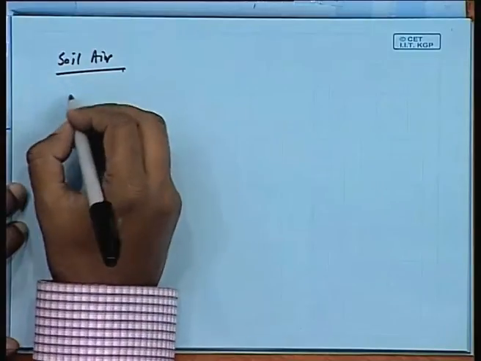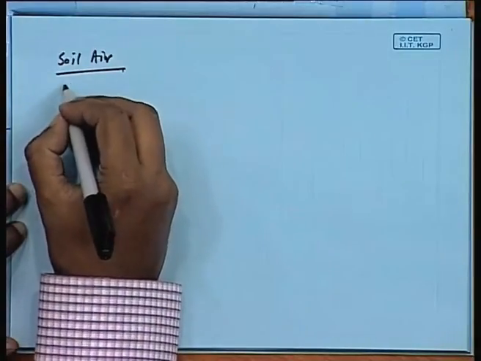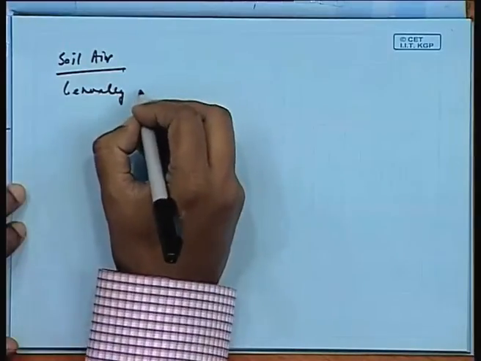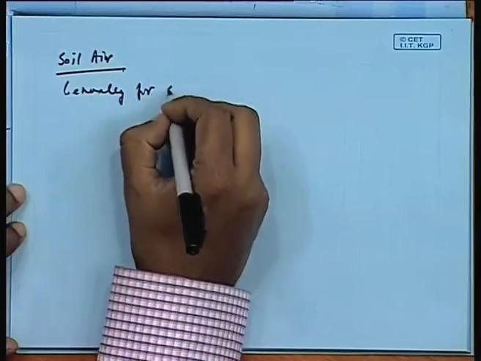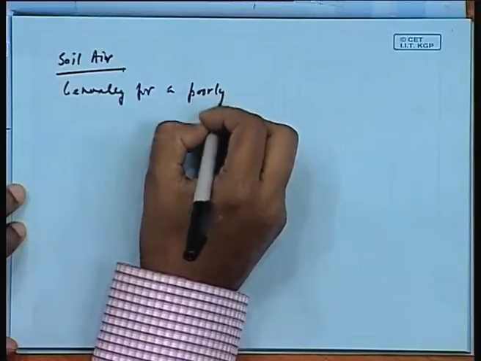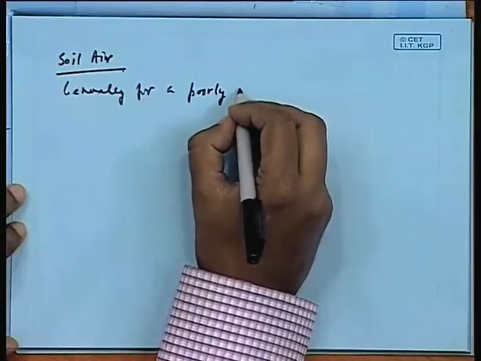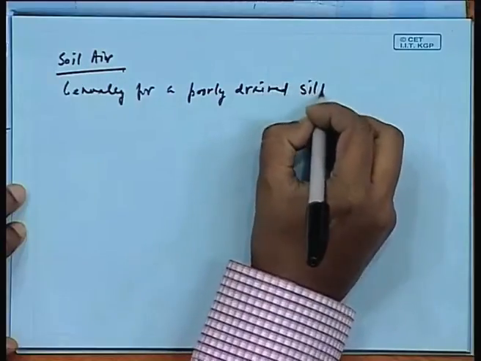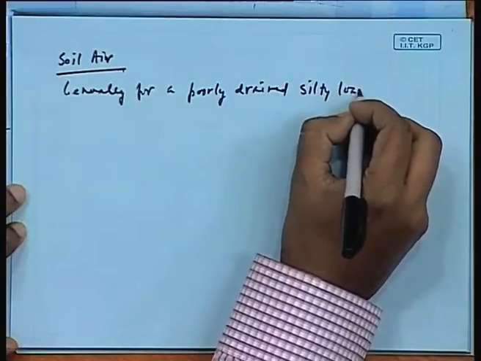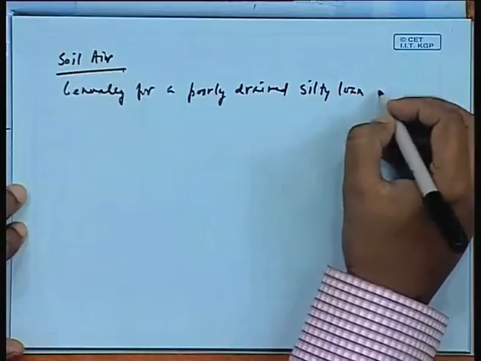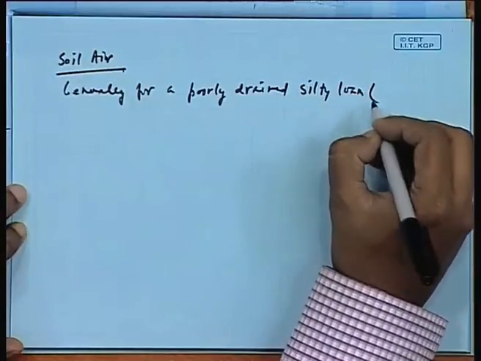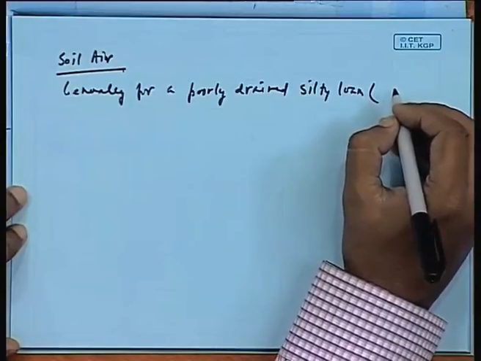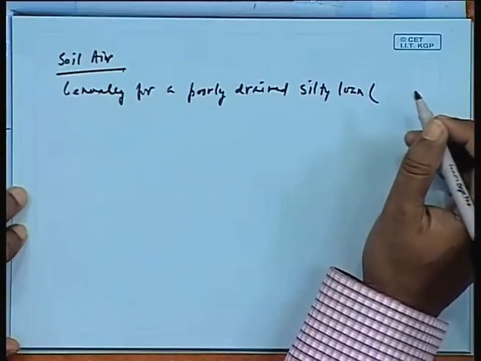Interestingly, generally for a poorly drained silty loam, you remember the constituents of the loam, 60%, 20%, 20%, that we have done.